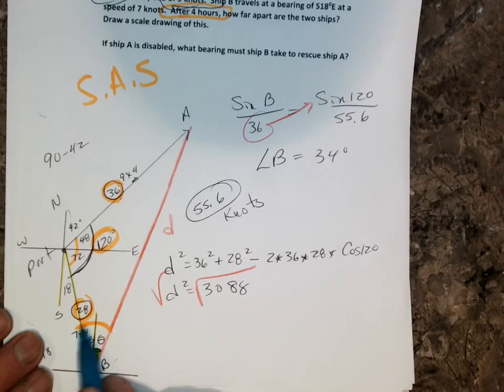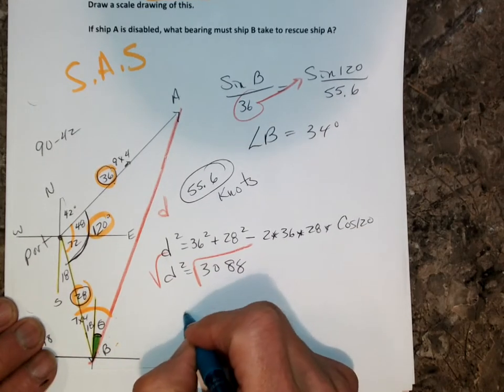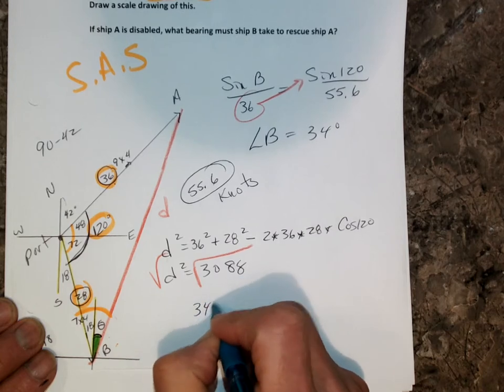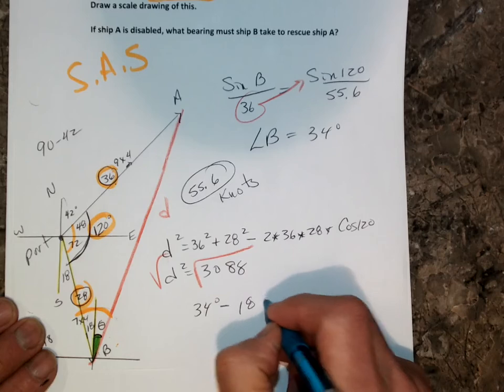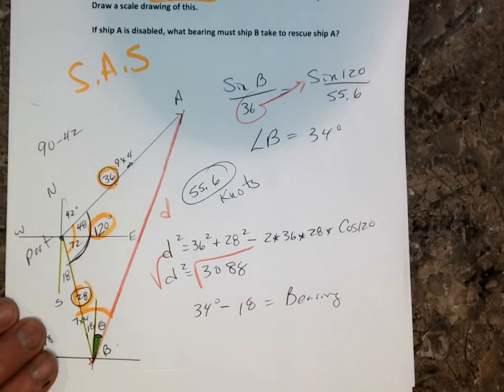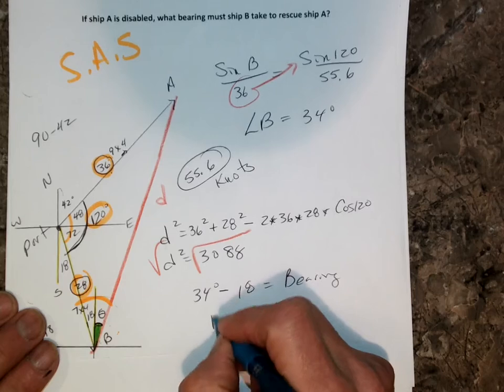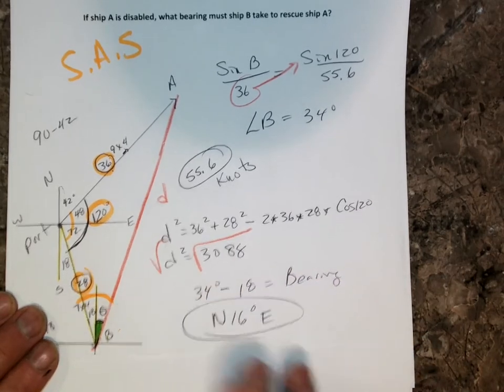Now, if angle B is 34, then the whole angle minus the 18 is going to be my bearing, and 34 minus 18, I get an answer of 16 degrees. So I'd go north 16 degrees towards the east. There's my bearing. I like that.